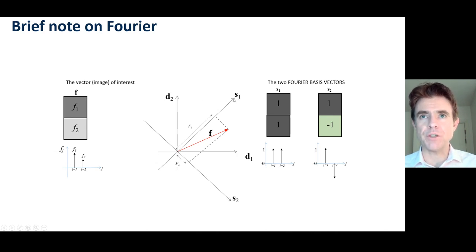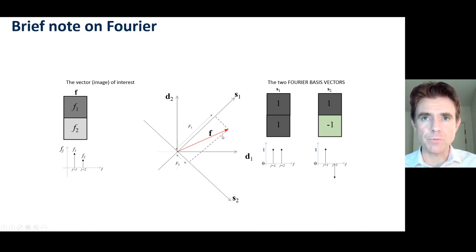Put them together and we end up at that point in our two-dimensional space. Maybe let's just do the other basis vector first. S2 is the other Fourier basis vector, and so that's 1 and minus 1. So we go distance 1 along the basis vector d1, and then minus 1 in the basis vector d2, because it's 1 minus 1. So 1 minus 1 takes us down here. Okay, so that's the second Fourier basis vector, S2.